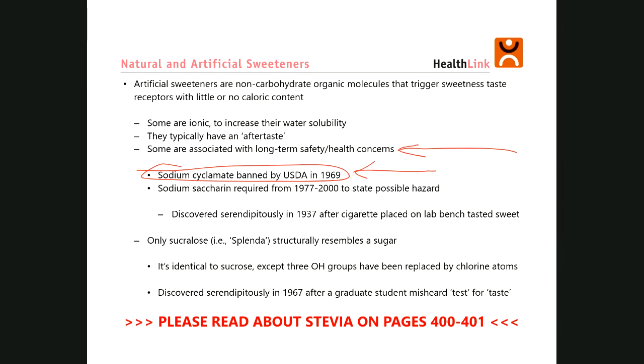The sodium saccharin, which is the pink stuff, actually required for many years a disclaimer that this substance has been known to cause cancer in laboratory animals, rats and mice and whatever it was.